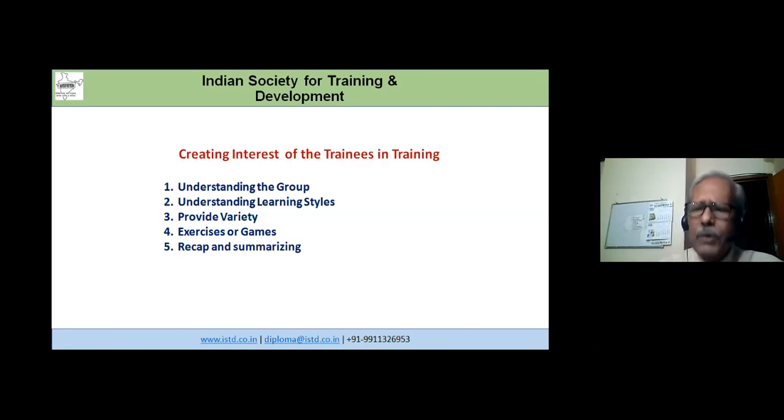The trainer has to understand the learning styles of the people. Some people are more auditory, some are more visual, and some are more kinesthetic. Some people can understand and get the training input by listening only. In certain cases, the trainees become comfortable when they visualize something, see certain things, say maybe a video or some drawings or figures.